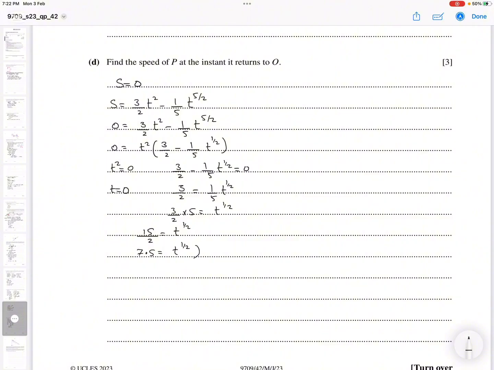Now square both sides to remove power 1/2. So this is gone. So the square of 7.5, your t would be equal to 56.25 seconds. Now find the speed.